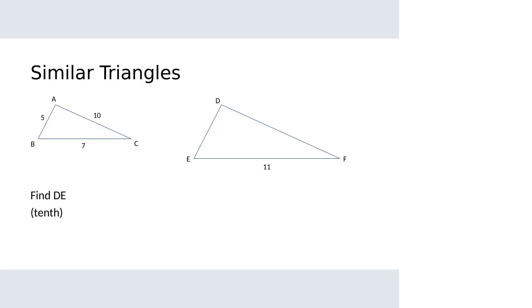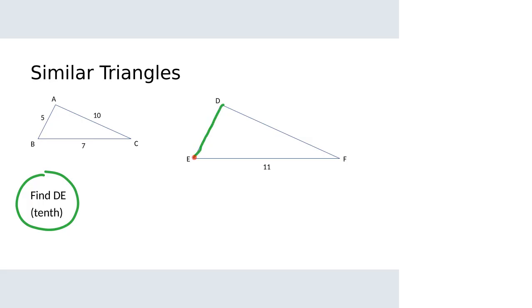So here, I'm given that these are similar triangles. Triangle ABC on the left has side lengths 5, 7, and 10. And I have triangle DEF over on the right. The only side length I know there is that EF has a length of 11. My instructions are to find the length of DE to the nearest tenth.